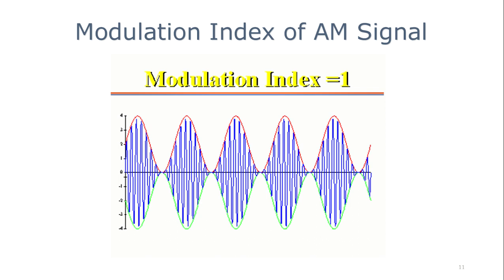In the diagram we have clearly explained that when the modulation index is 1, the envelope reaches the point 0. When the modulation index is 0, no information is transmitted. When K is greater than 1, the gap in between is removed, so loss occurs. So we maintain modulation index K equal to 1.